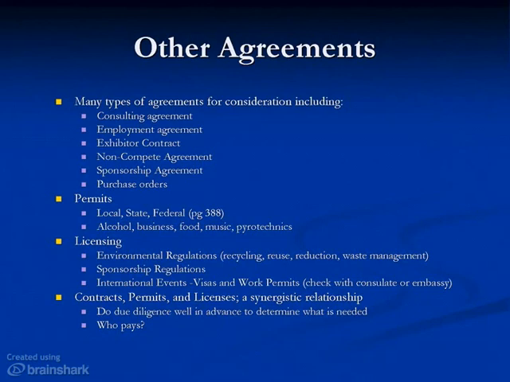Those would all require permits, licensing, environmental regulations, recycling, reuse, reduction, waste management, sponsorship regulations, international events, visas, work permits. Check with your consulate or embassy if you're going to be doing international events, and some of you may.